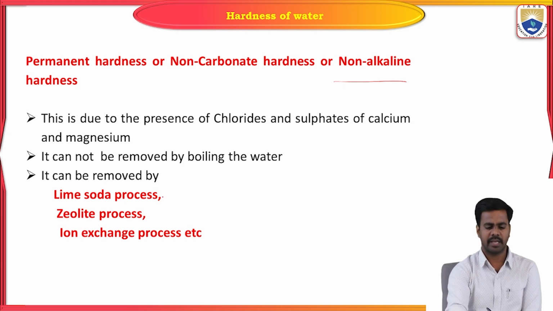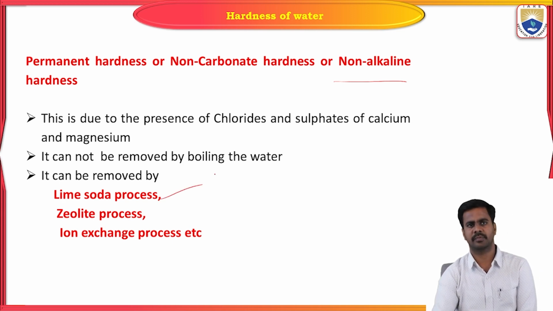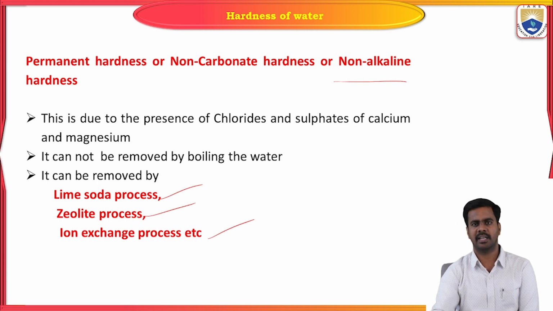It can be removed by the lime soda process, zeolite process, and ion exchange process. So this type of external technique has to be used to remove permanent hardness causing ions present in the water.